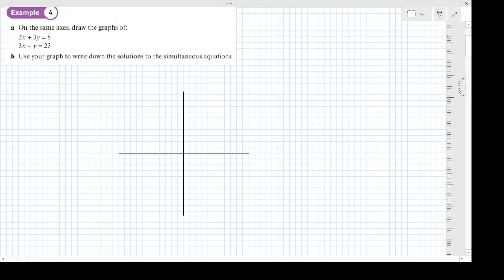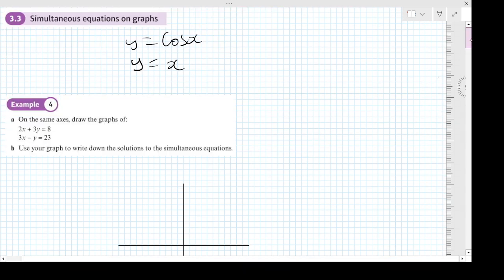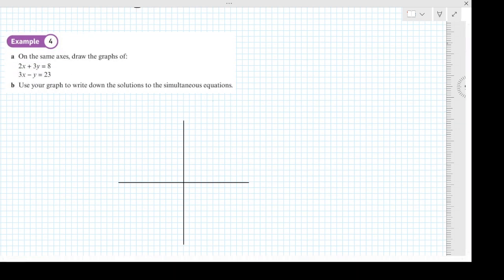Example 4: on the same axes, draw the graphs of 2x plus 3y equals 8 and 3x minus y equals 23. Hopefully you recognize that these are straight lines. First we have 2x plus 3y equals 8, and here I've drawn axes of x and y.